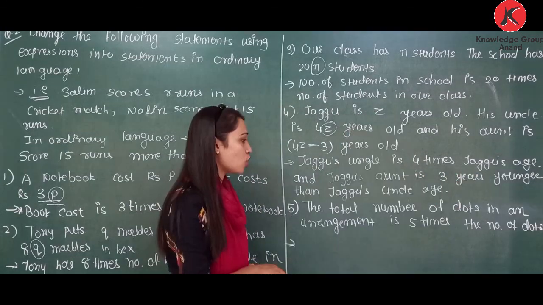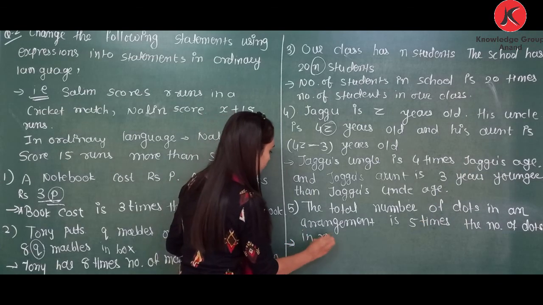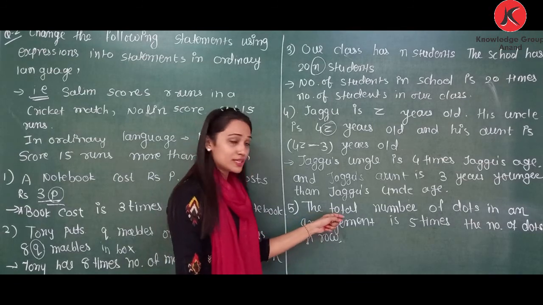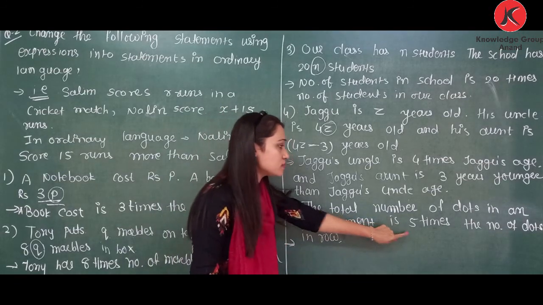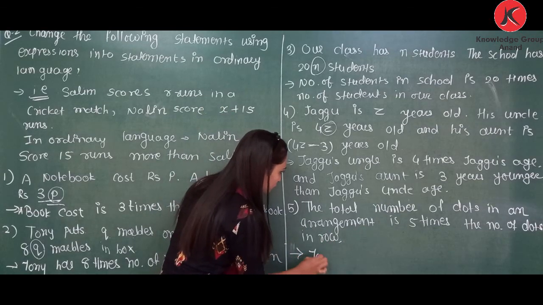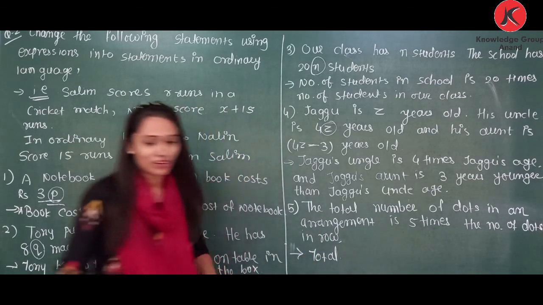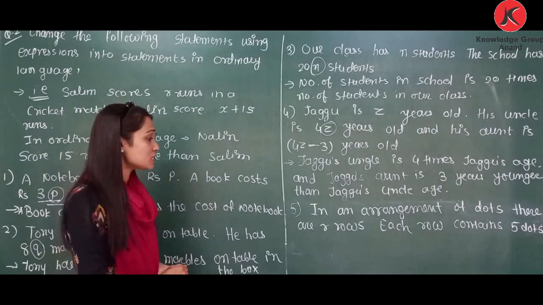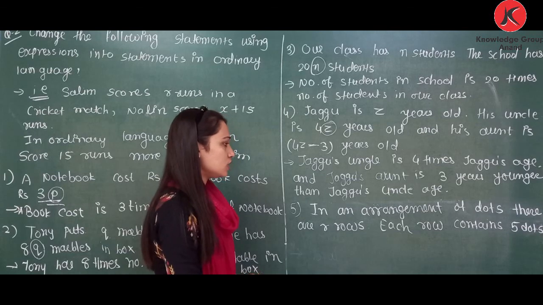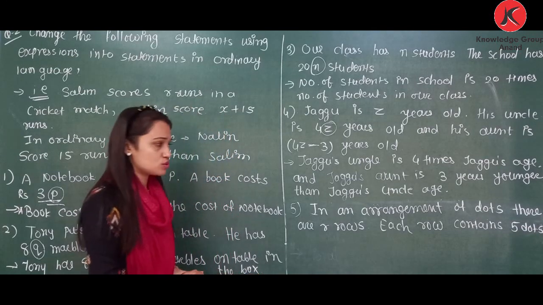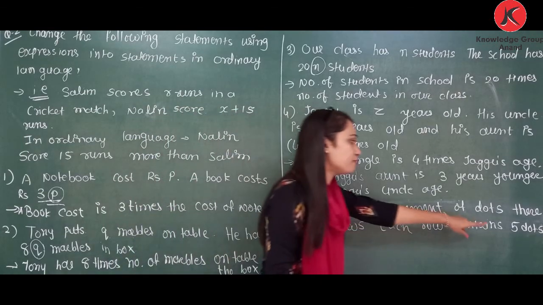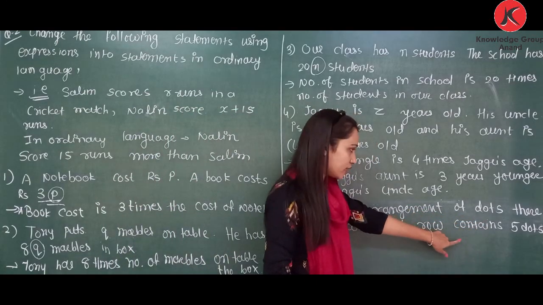3 years younger. Dots in each row. So how many total dots? It is 5 times the dots in a row. Next statement: in an arrangement of dots there are r rows, and each row contains 5 dots. So here the statement is r rows and each row contains 5 dots.